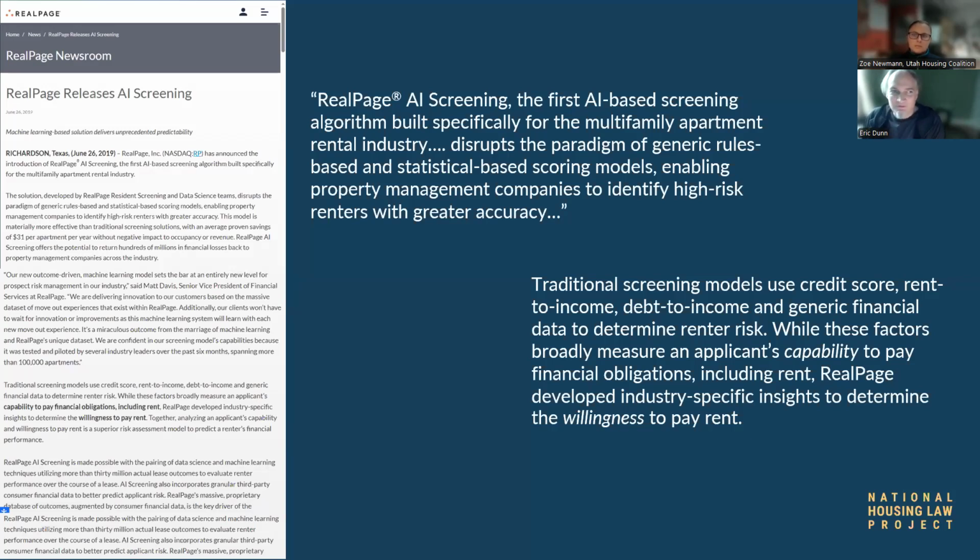So this is an article about a product from one of the bigger screening companies called RealPage, which says it's going to predict your willingness to pay rent. So they're not just looking at whether you have the means, and whether you've paid in the past, but whether you have the will.